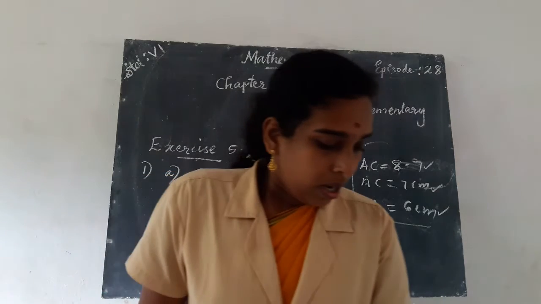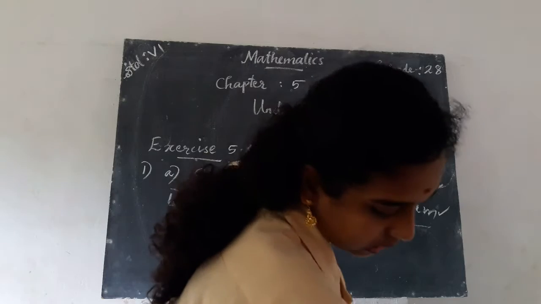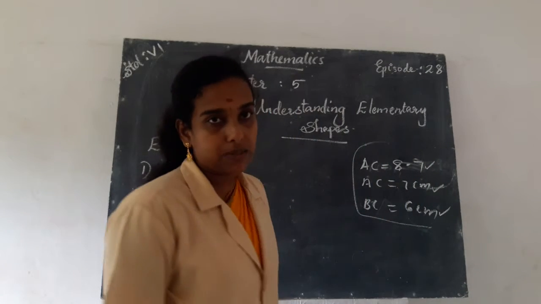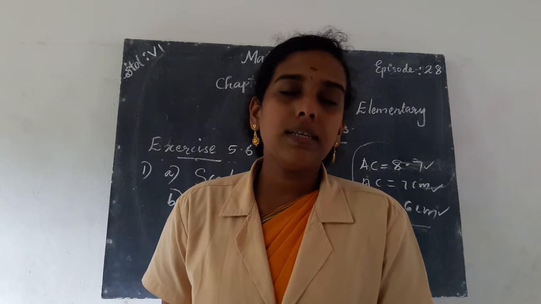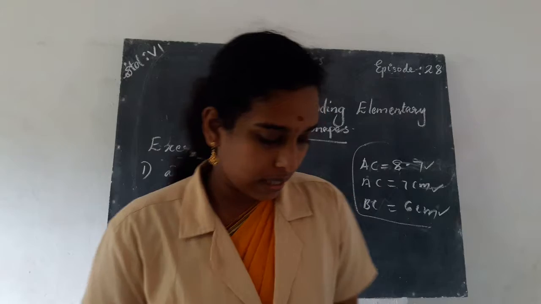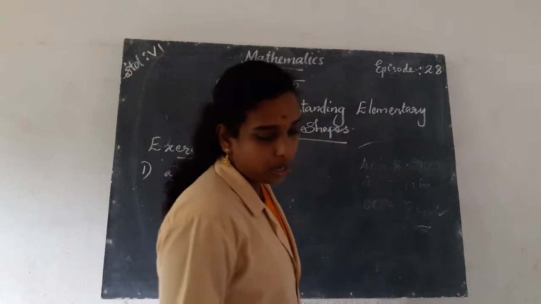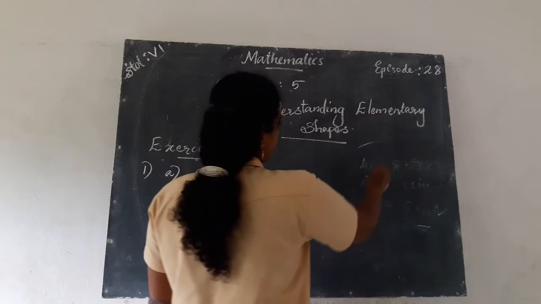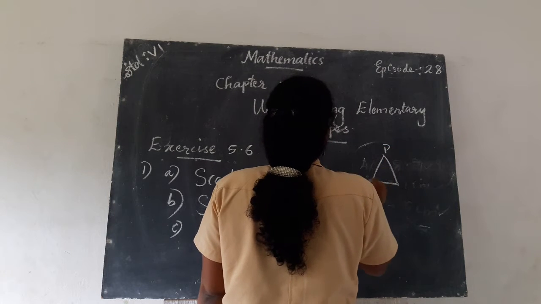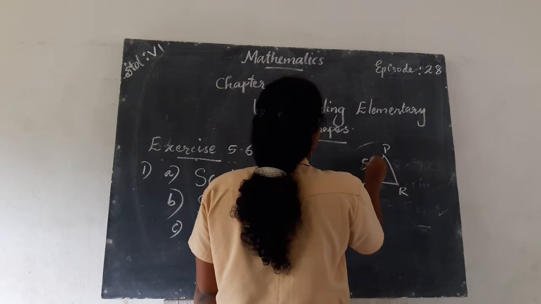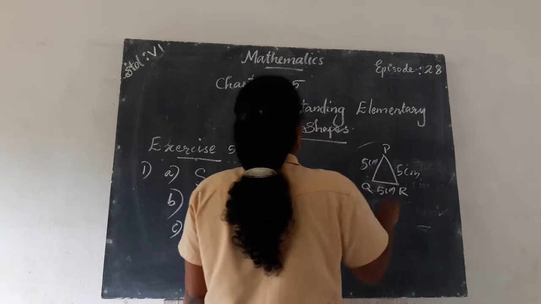Then see, triangle PQR such that PQ is equal to QR is equal to PR is equal to 5 cm. The triangle is PQR and all three sides are 5 cm: PQ measures 5 cm, PR also 5 cm, and QR also 5 cm.